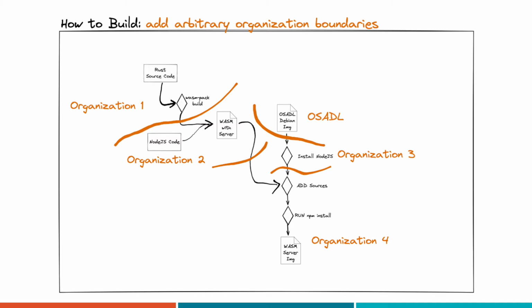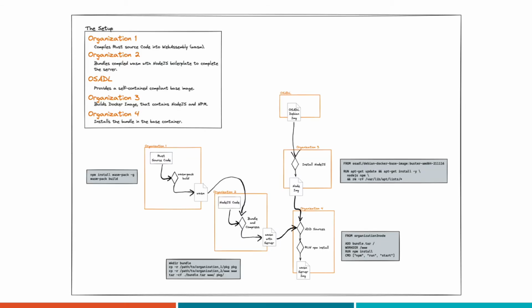And the common language around things like compliance, whether it's license or security, is a software bill of materials. Now, Max went on to create a specific setup where there were 4 organizations doing that process of taking this Rust and WebAssembly code and deploying it into the cloud.